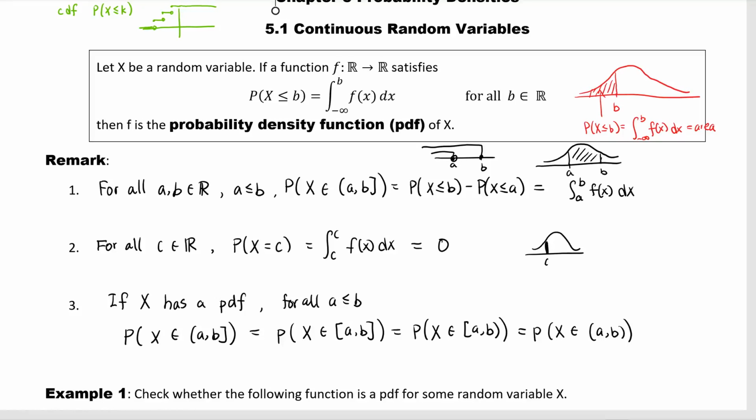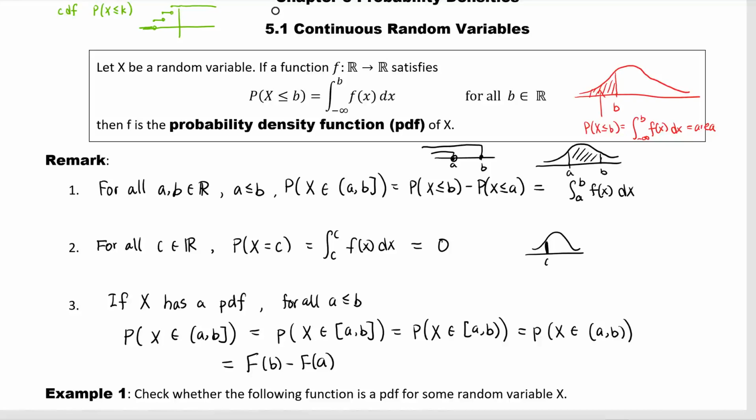That's why the boundary does not matter. So they are all equal to F(b) minus F(a), where F is the CDF. We'll talk about that later.